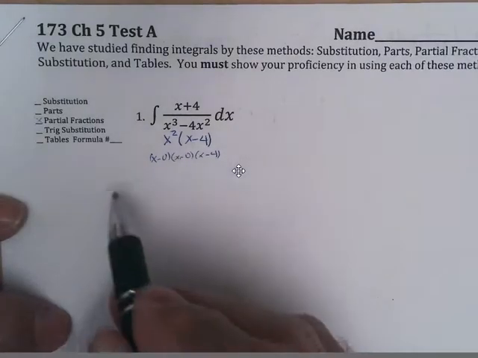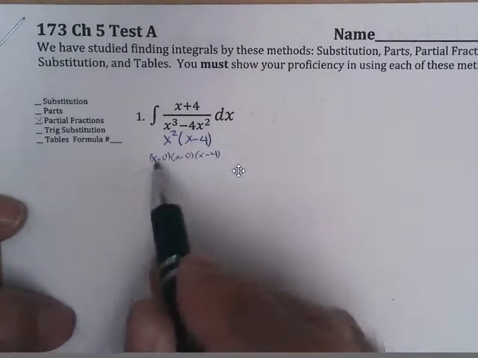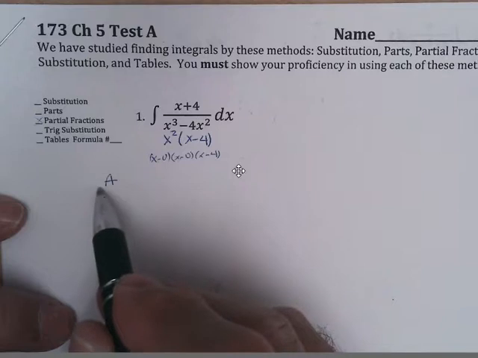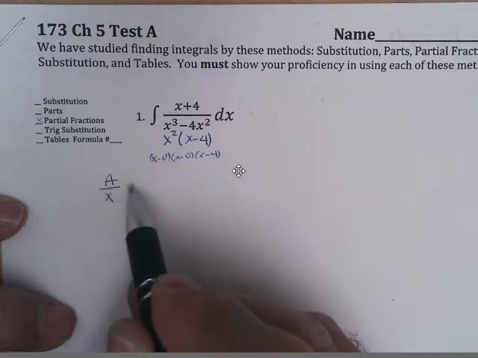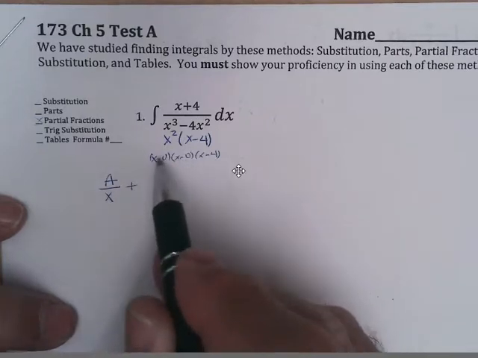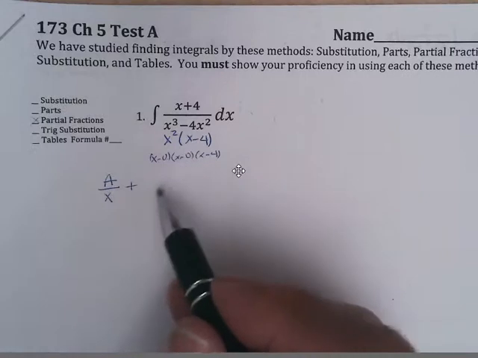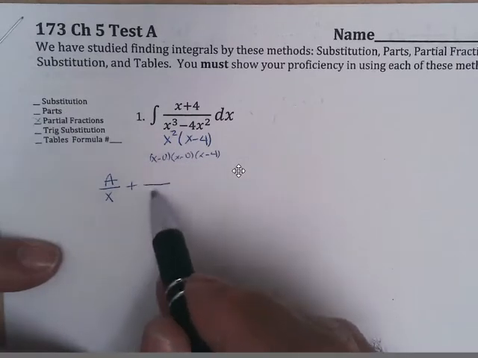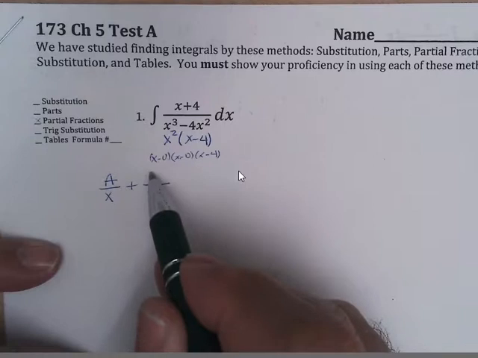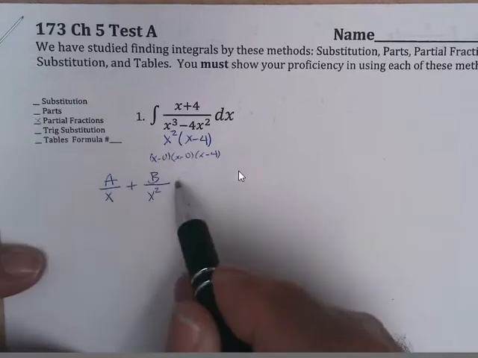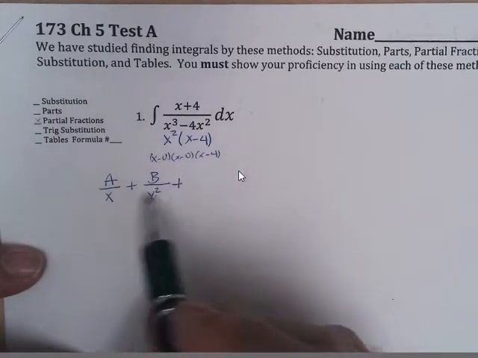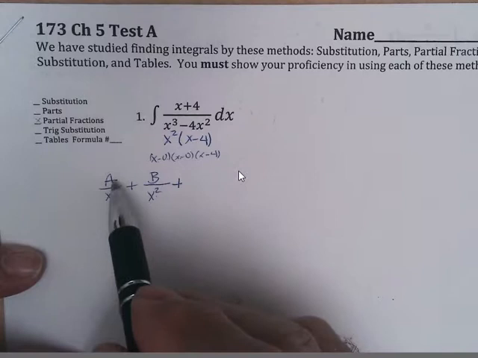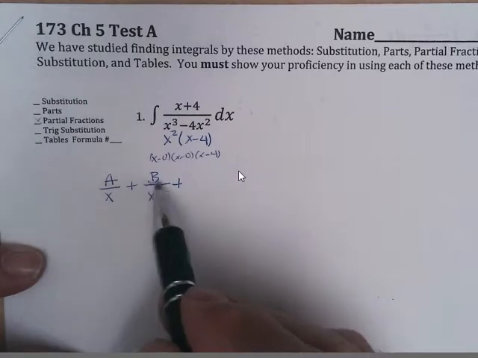Now the way to do that is to put the first one with an a over it, the repeated one, instead of doing it over x, we call it x squared, and put a b over it. And these are all linear factors, so we don't need to do bx plus c.